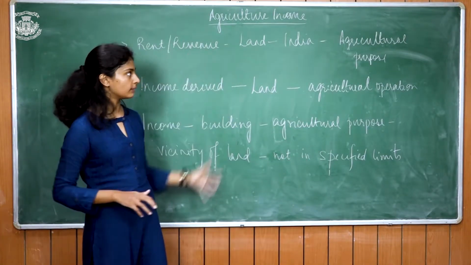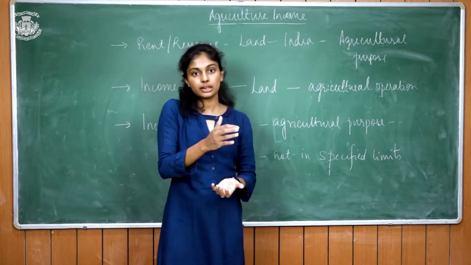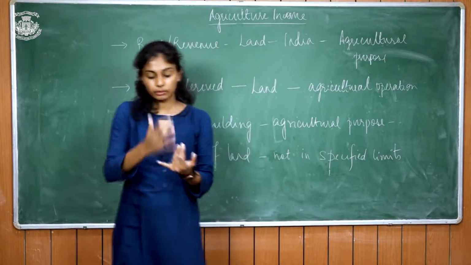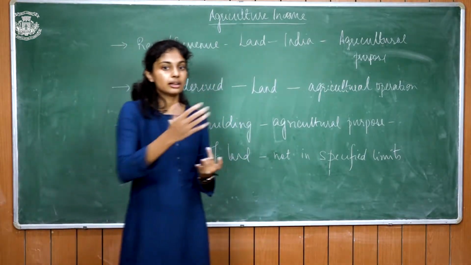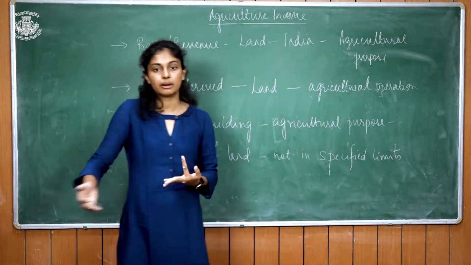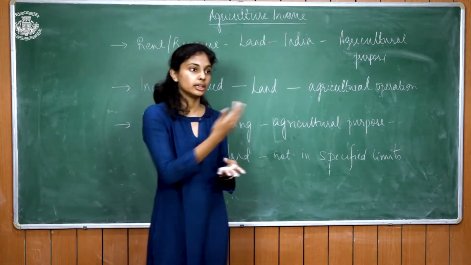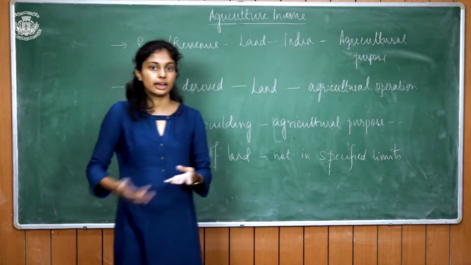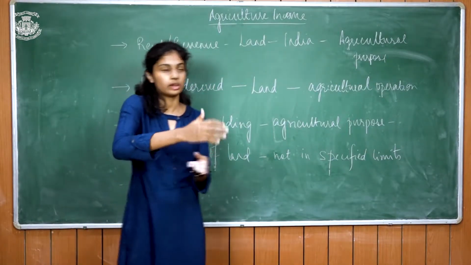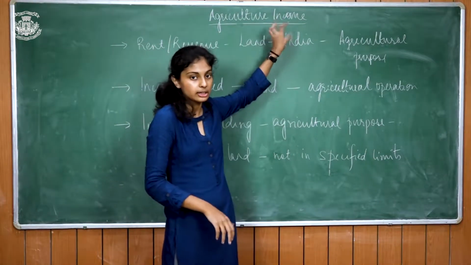If you go by this definition, we can understand that income from self-grown trees, income from dairy or poultry farming, and income from mining and stone quarries will not be considered agricultural income.